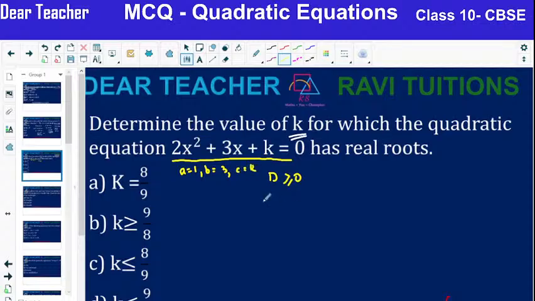So b square minus 4ac, 9 minus 4k is greater than or equal to 0. So 4k is less than or equal to 9. So k is less than or equal to 9 by 4. So 9 by 4 is the answer.